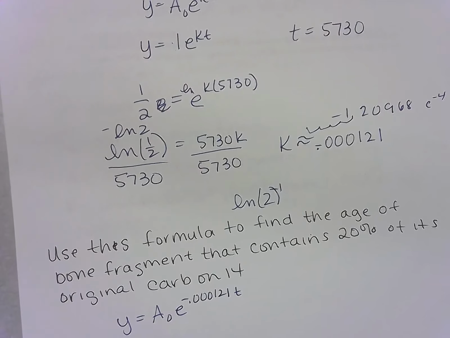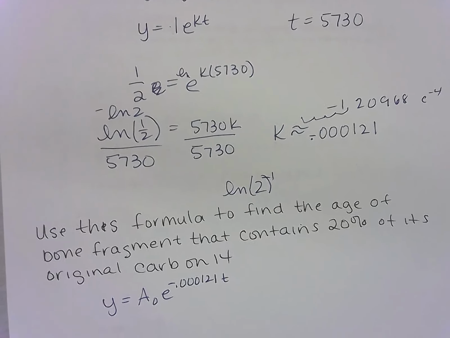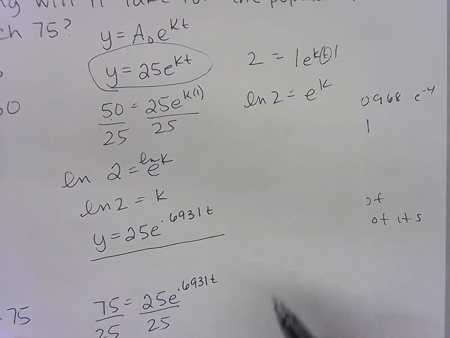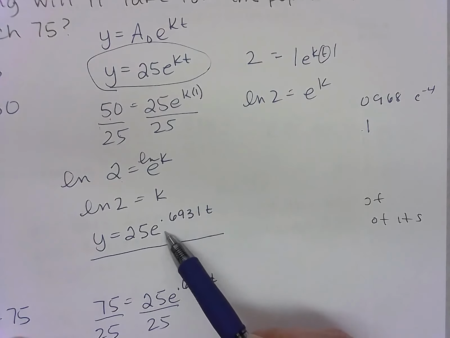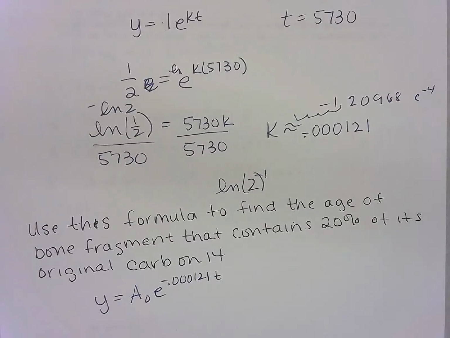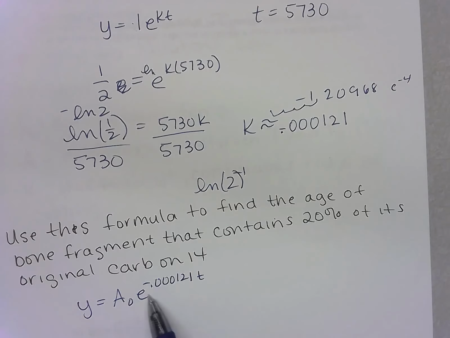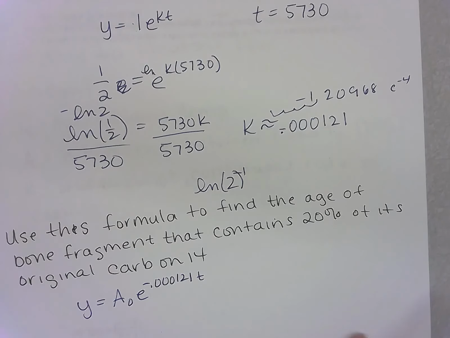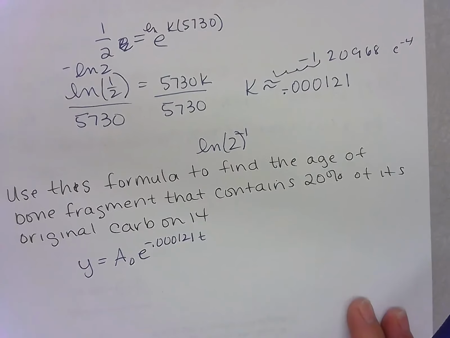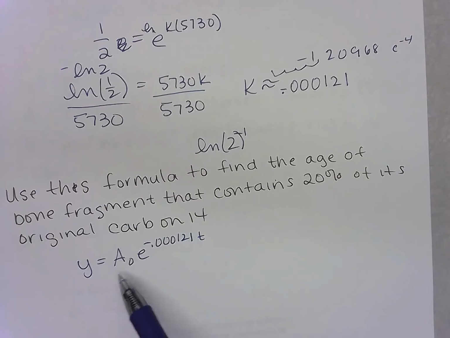You notice, I hope, that for the growth, my k was positive, 0.6931. When I'm shrinking, my k should be negative. So this will give us the formula. We just put in the actual initial amount, or we put in how much is left at the end over here, and then we can solve it.